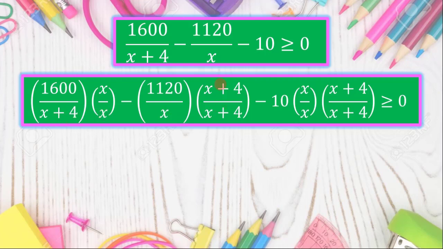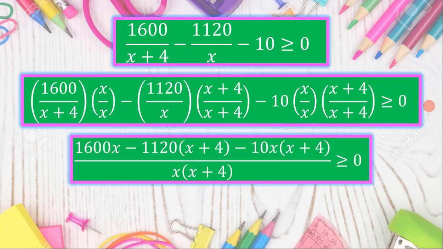The same is true with the second term. They have the same denominator as the first term. And so with the third term. So let us try to simplify further here. So we can combine these terms in the numerator, giving us a single expression in the denominator, which is x times quantity x plus 4.